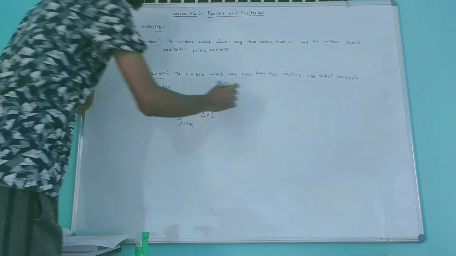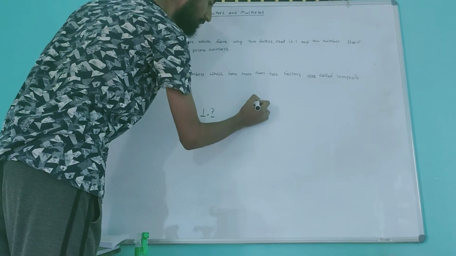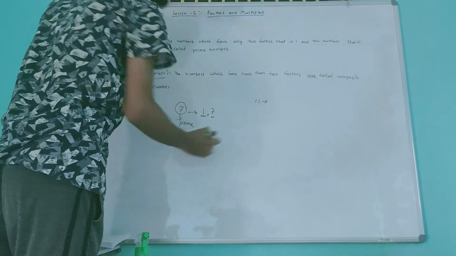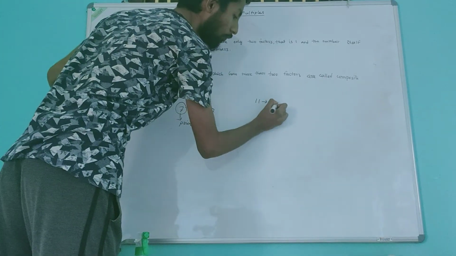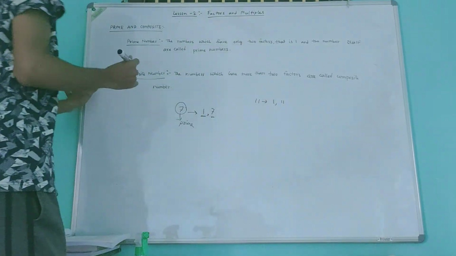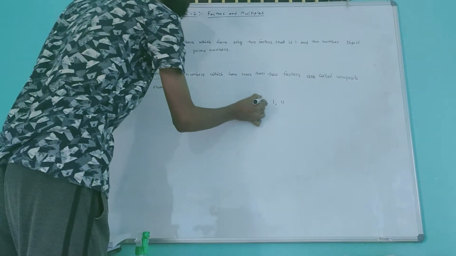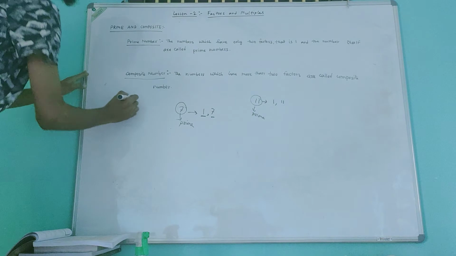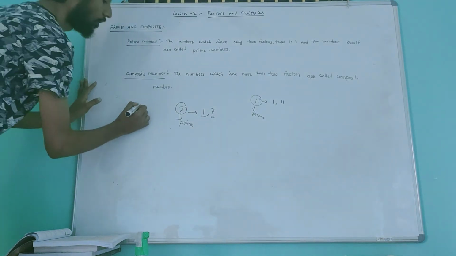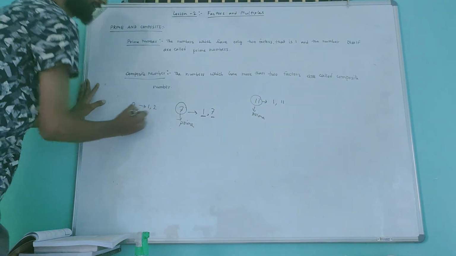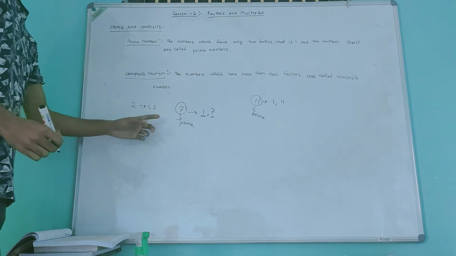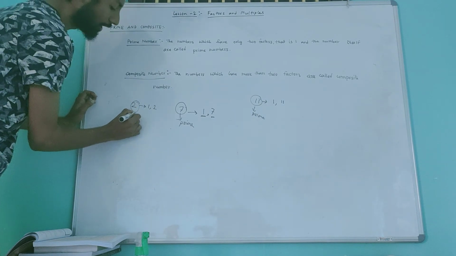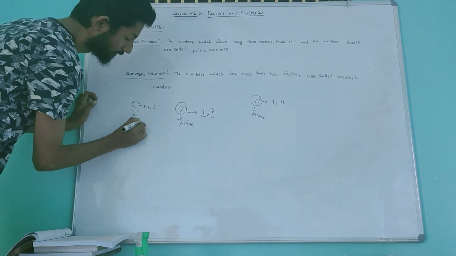Suppose there is a number which is 11. It has also two factors, which are 1 as well as 11. So 11 is a prime number. Now if we write 2, it has also two factors, which are 1 and 2. So 2 is also a prime number.